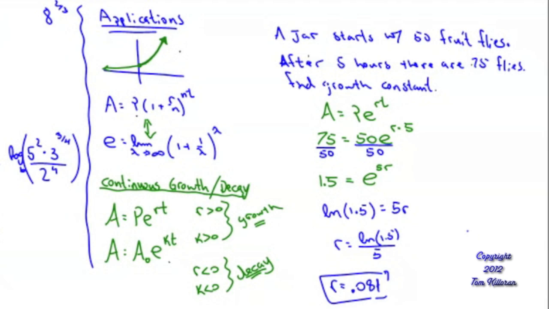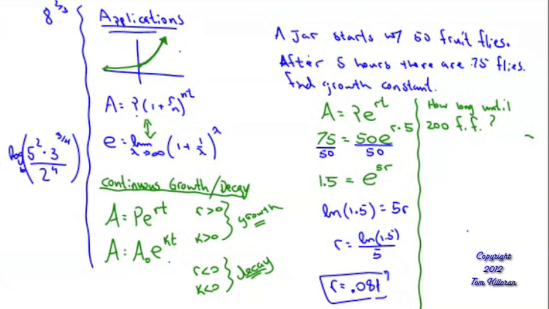All right, there's a second part to the question that could come up. Once you find the growth rate, how long until you have 200 fruit flies? So what changes?